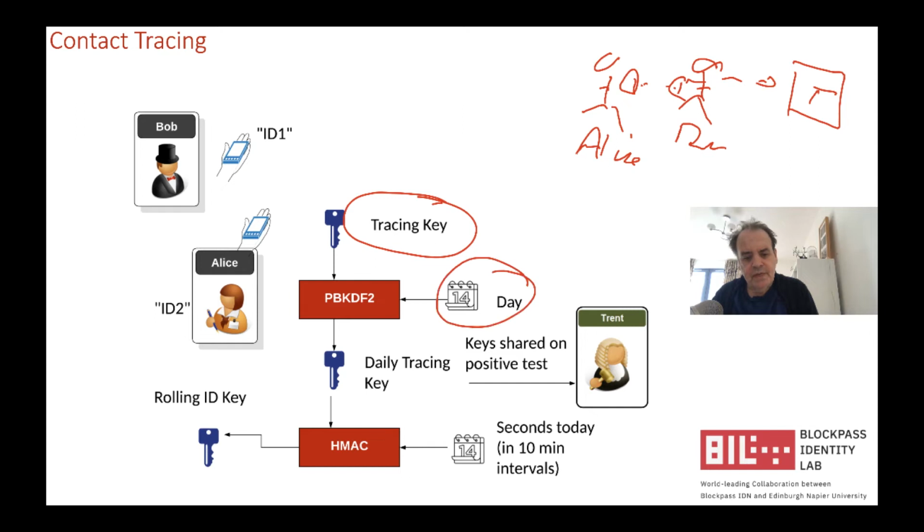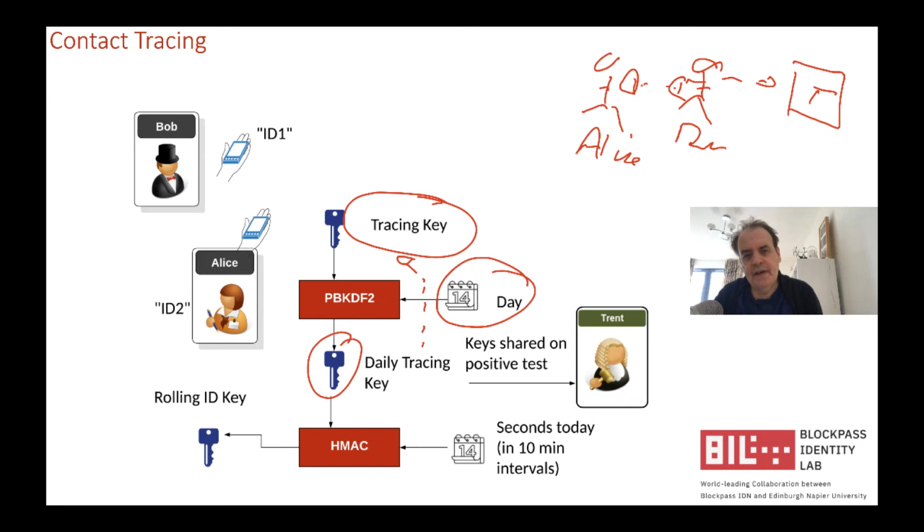So what we do is that Alice will generate a daily tracking key, based on a hash of the tracing key and the day of the tracking, and it won't be possible to reverse this, even through hash collision analysis, because we have a 256-bit completely random key.